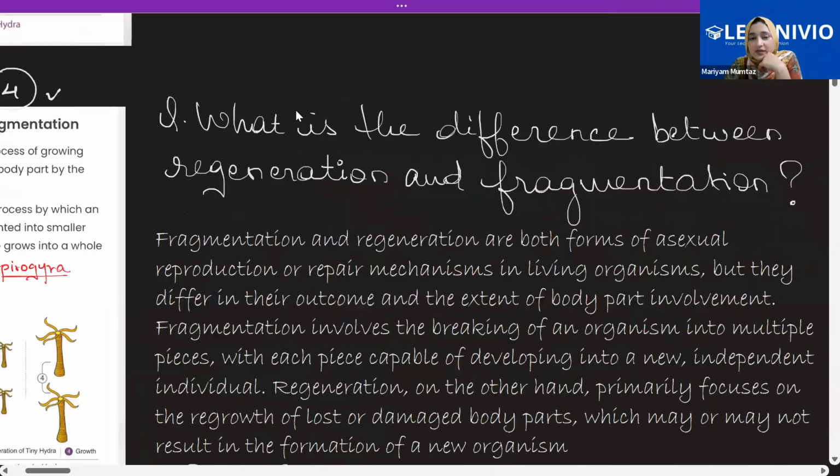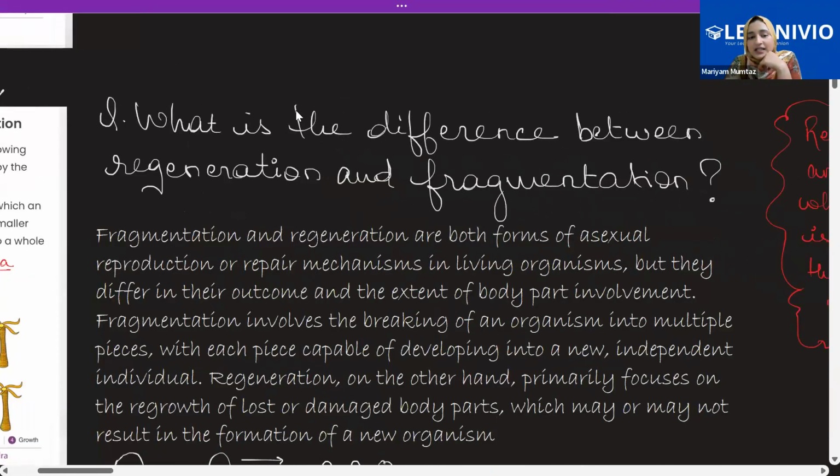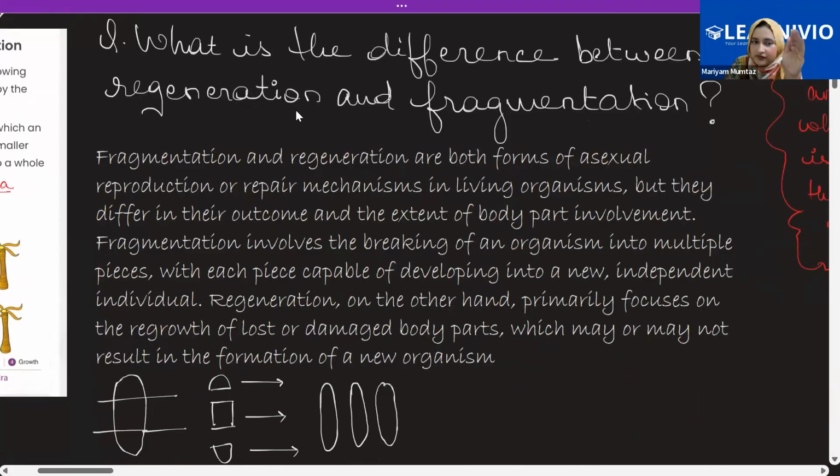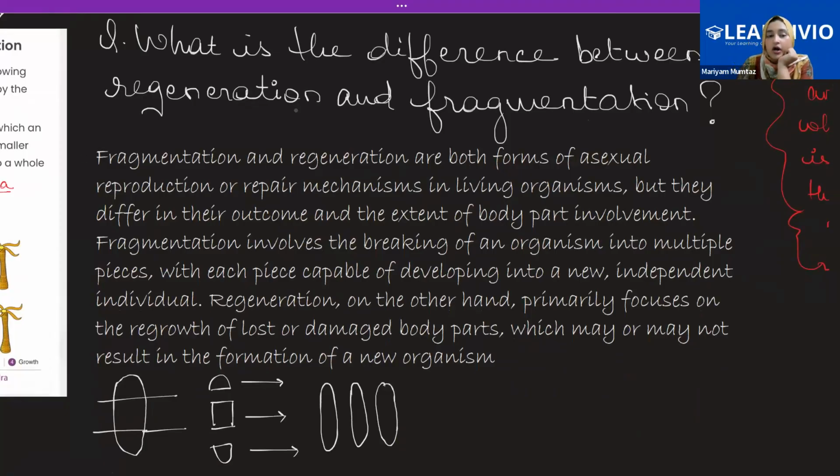So what is the difference between regeneration and fragmentation? See, both are forms of asexual reproduction or repair mechanisms in living organisms, but they differ in their outcome and the extent of body part involvement. Fragmentation involves the breaking of an organism into multiple pieces, each of these pieces developing into a new independent individual.